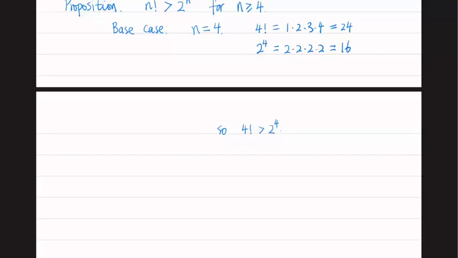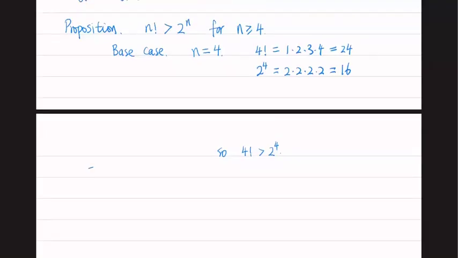Then the inductive hypothesis. N equals k bigger than 4, k factorial bigger than 2 to the k.